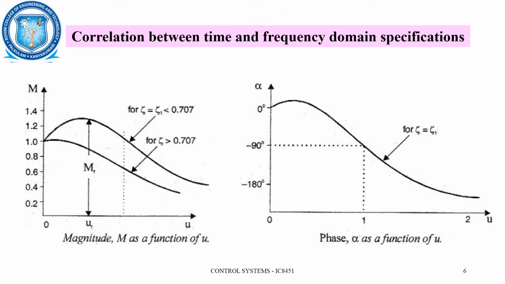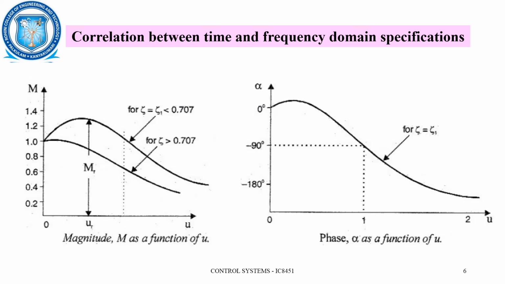Graphically, in the left side figure, we can see that when zeta is less than 0.707, the Mr value is of a greater value, tending to infinity. But when zeta becomes greater than 0.707, there is no Mr value, and the magnitude keeps decreasing. When M is equal to 1 by root 2, it is the cutoff frequency, and when M is greater than or equal to 1 by root 2, it represents the bandwidth.